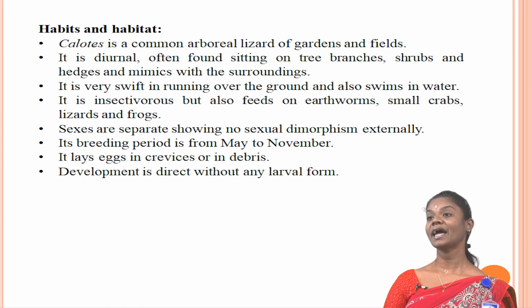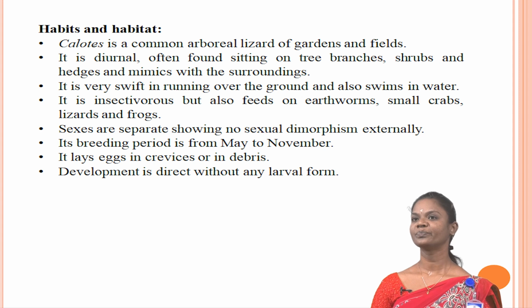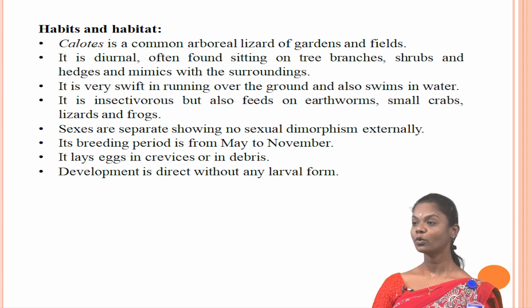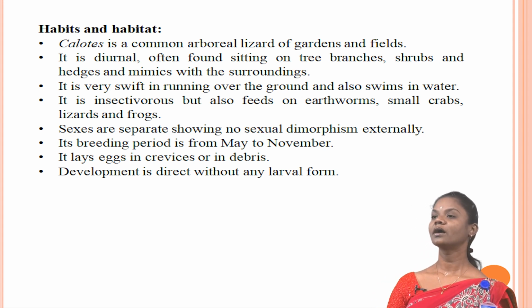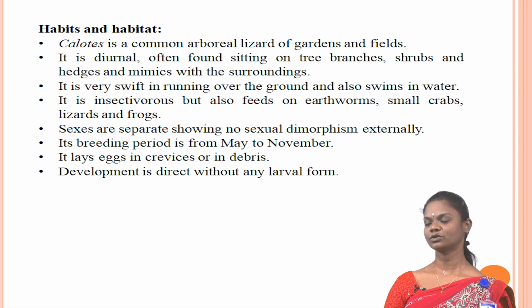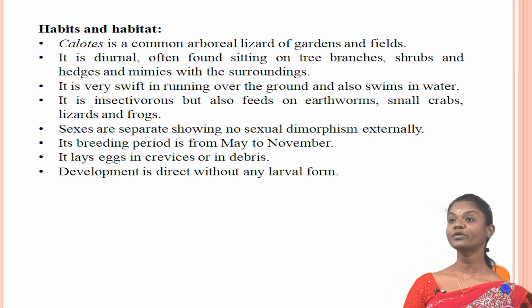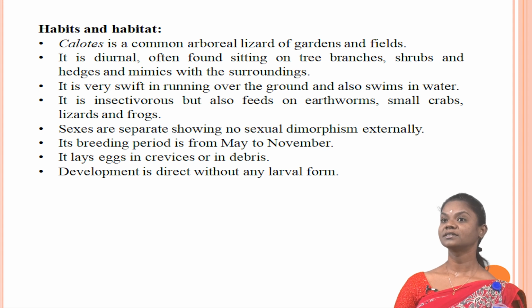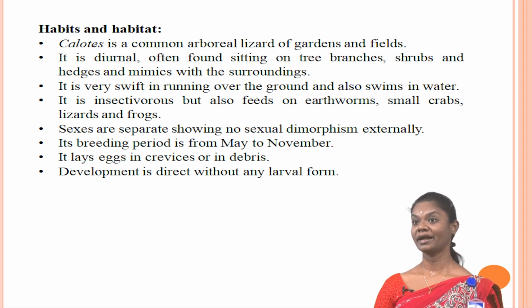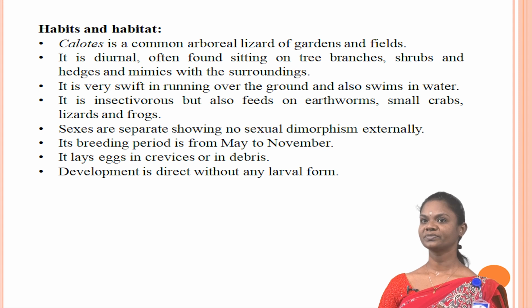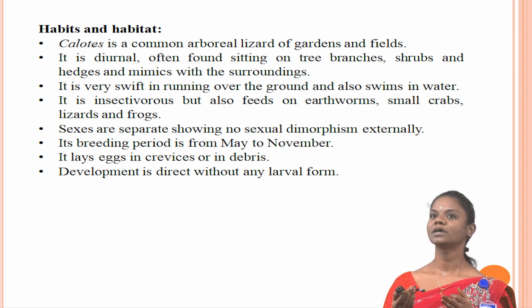Habits and habitat. Calotes is commonly found as an arboreal lizard in gardens and fields. It is a diurnal animal. It is often found sitting on trees, tree branches, shrubs and hedges, and mimics its surroundings.